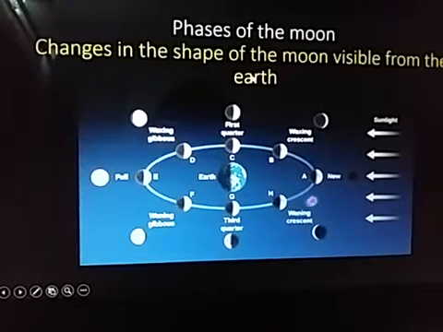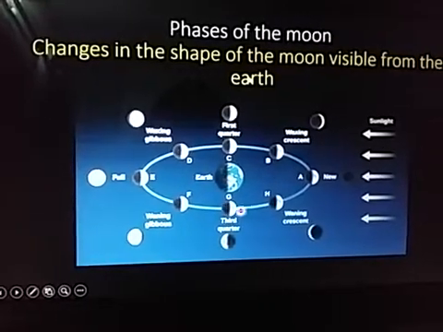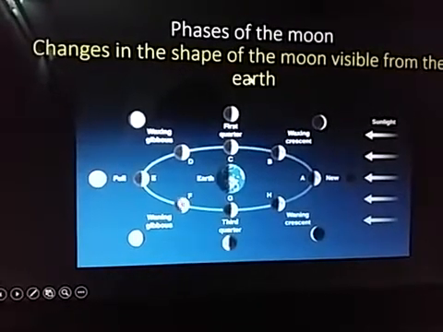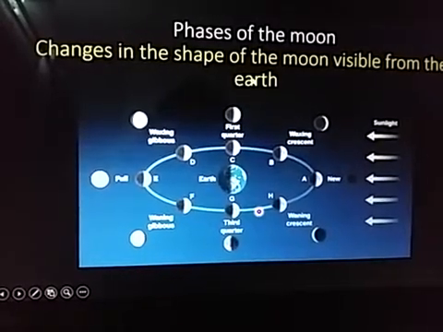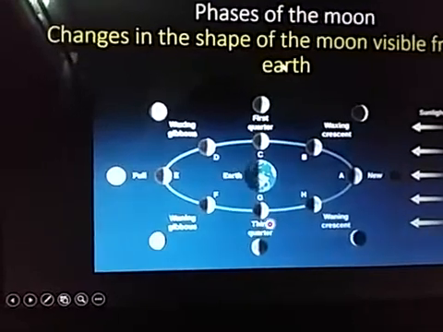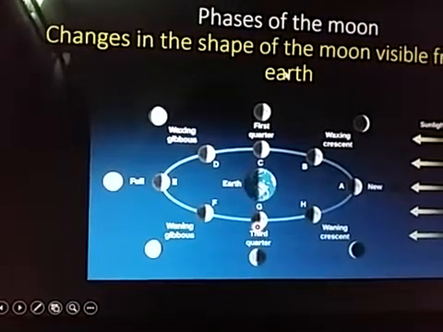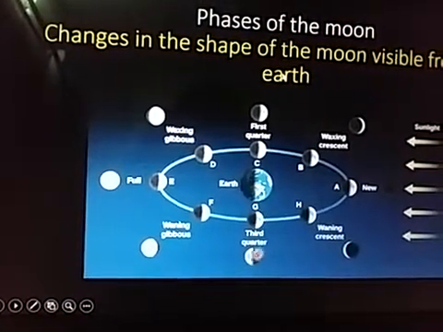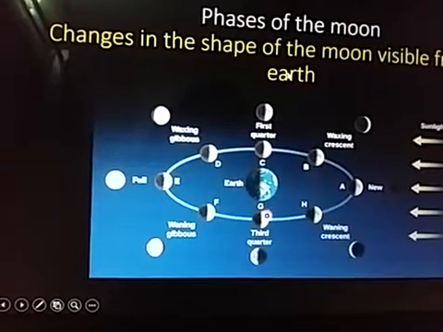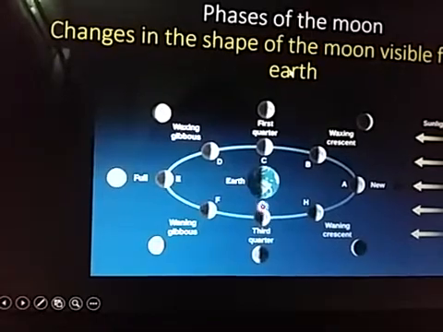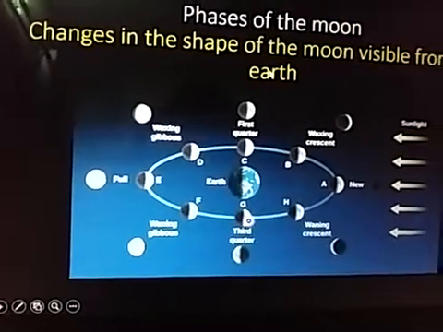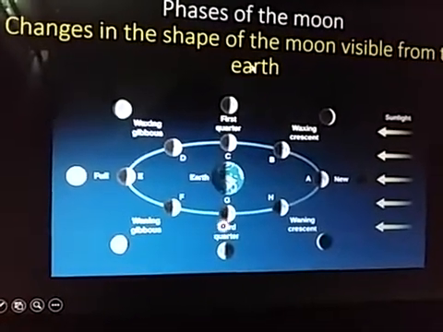Here is the earth, the moon is going around like this. As the moon goes around the earth, half of the moon is always illuminated. Illuminated মানে light আছে, এই দিকটায় আলো আছে, এই দিকটায় নেই. Okay, this is like earth. This is daytime on moon, this is nighttime on moon.